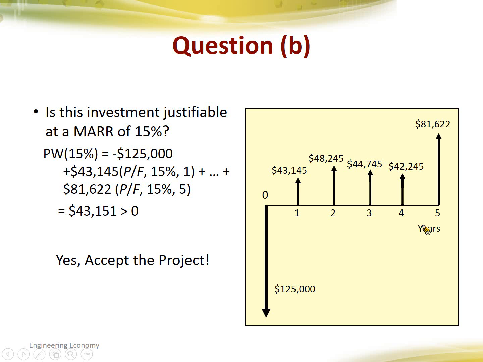Okay, we have looked at this example before. At 15%, we evaluate the present worth. It's a big positive value. Then we can continue to increase MARR. We can take it to 20%, meaning that we are evaluating the project against a MARR value equal to 20%. If it's still greater than 0, then it means the return is greater than 20%.